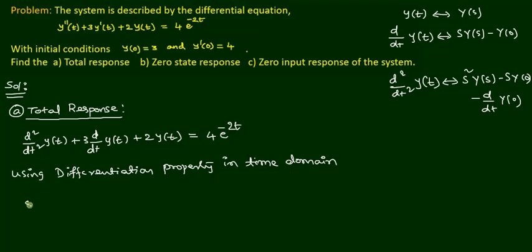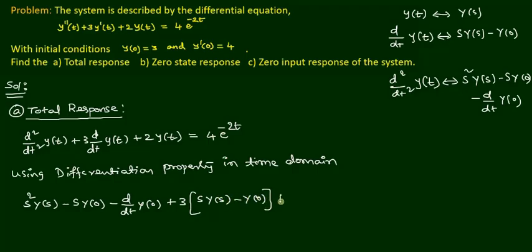The first term becomes s square Y of s minus s into y of 0 minus d by dt of y of 0, plus the second term 3 into s Y of s minus y of 0, plus 2 into Y of s equals the Laplace transform of 4 e power minus 2t. The Laplace transform of e power minus at is 1 by s plus a, so e power minus 2t becomes 1 by s plus 2, and with the 4, it is 4 by s plus 2.